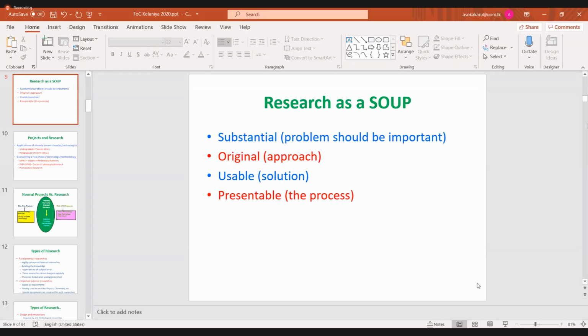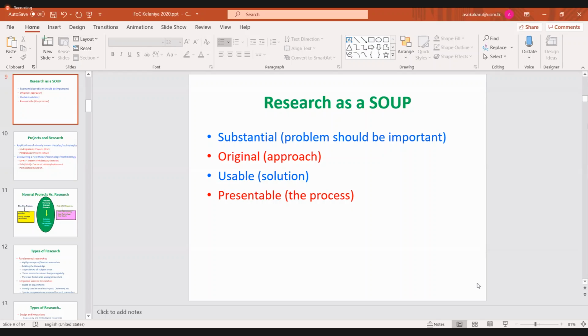Then the last point is presentable. No matter how good research is, this is a very important point: if you don't present it to the outside world, nobody knows about your research.